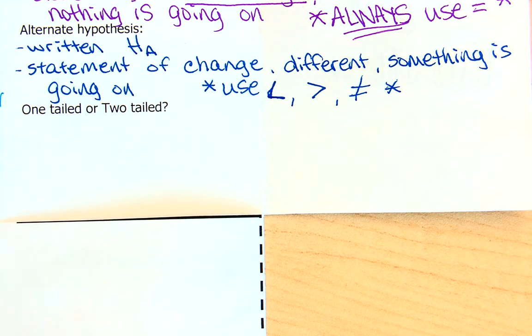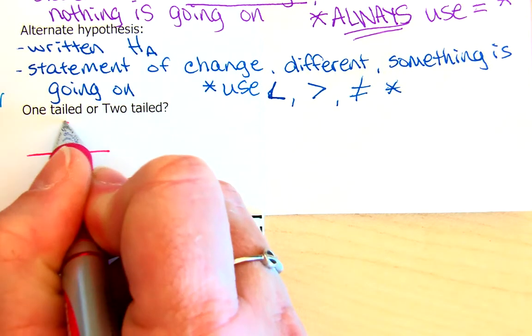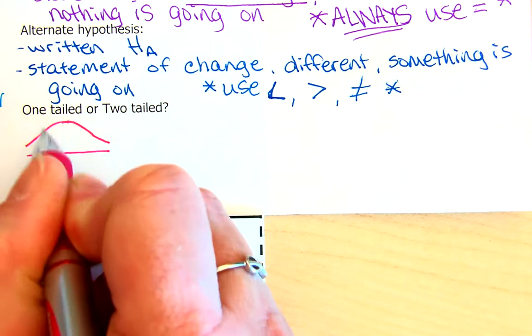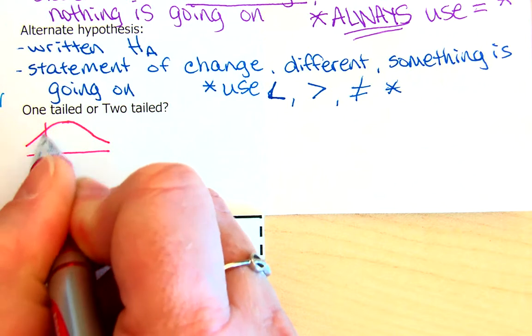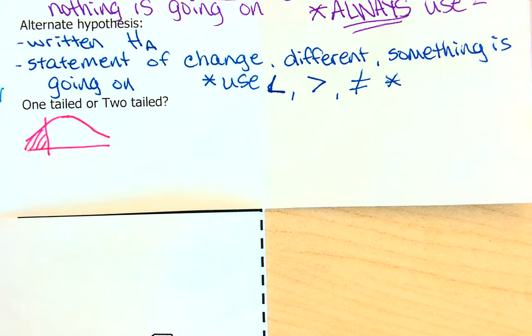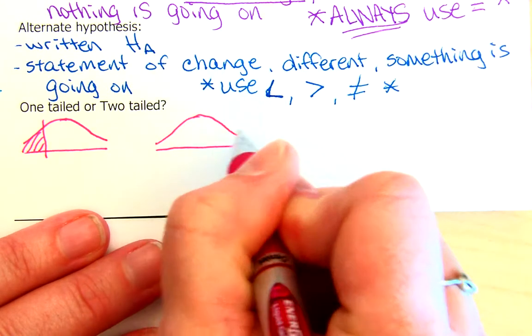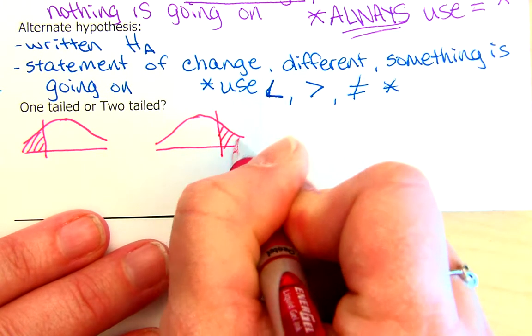And we'll talk about one-tail and two-tail tests. If it's a one-tail, think of it like when we were doing our normal model. It could be that we shaded here, or it could be that we shaded here.